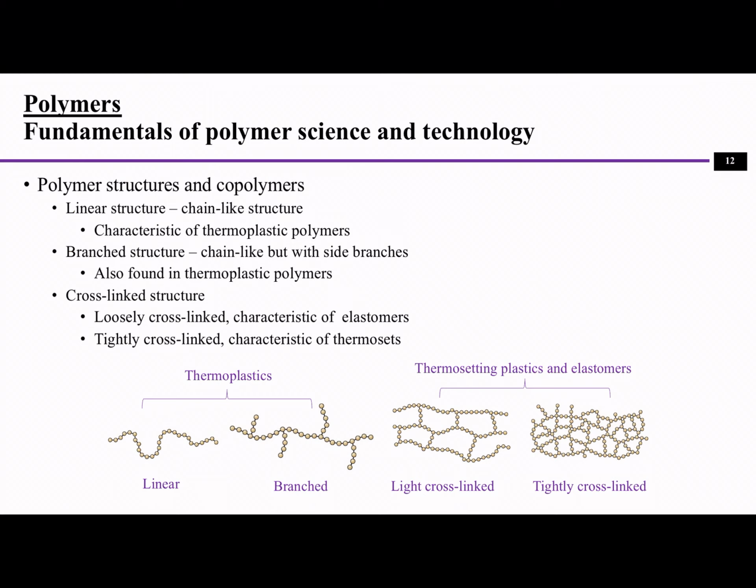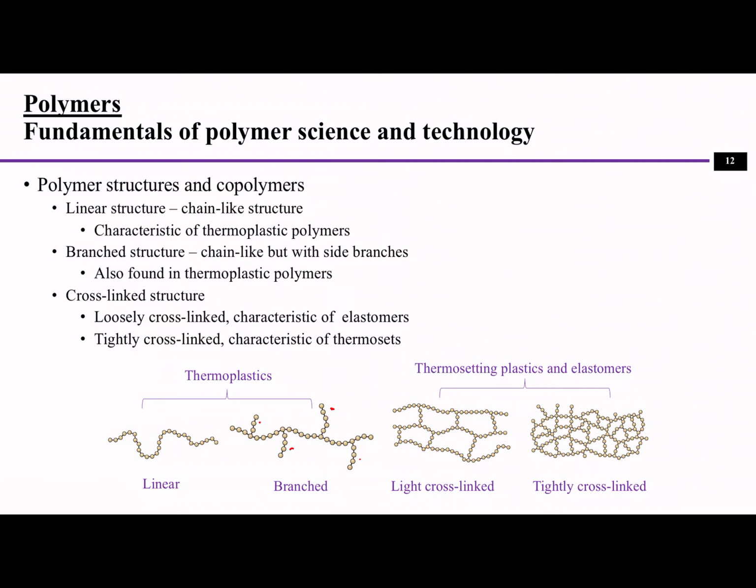Now let's look at different structures of the polymers. One structure of the polymer is the linear structure. So the linear structure basically is one single line or one single chain. You can see there are no branches. Well, the branched structure means you can see there are some branches formed from the main chain, right?